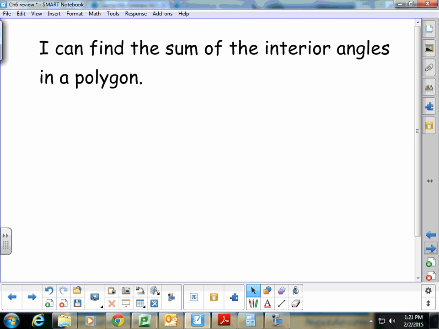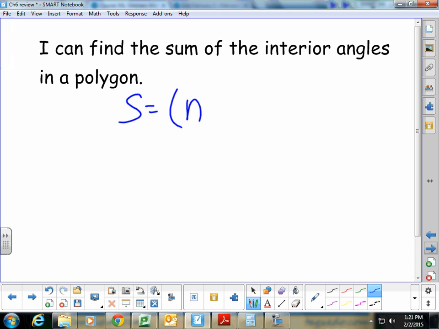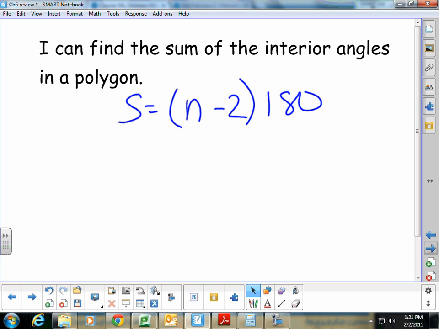Moving on, I can find the sum of the interior angles. So finding the sum is the number of sides minus 2 times 180. A little picture for some of you, a reminder of why. I'll use a pentagon for example.